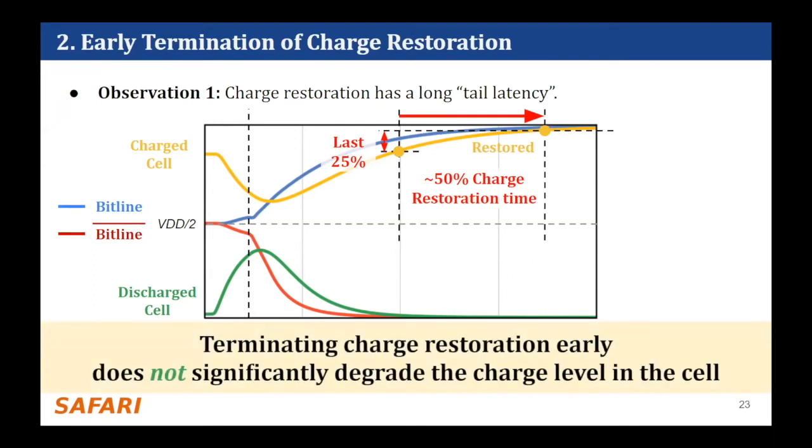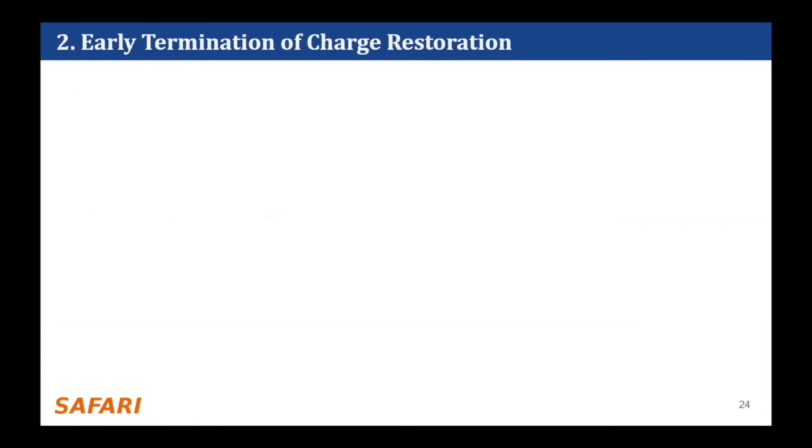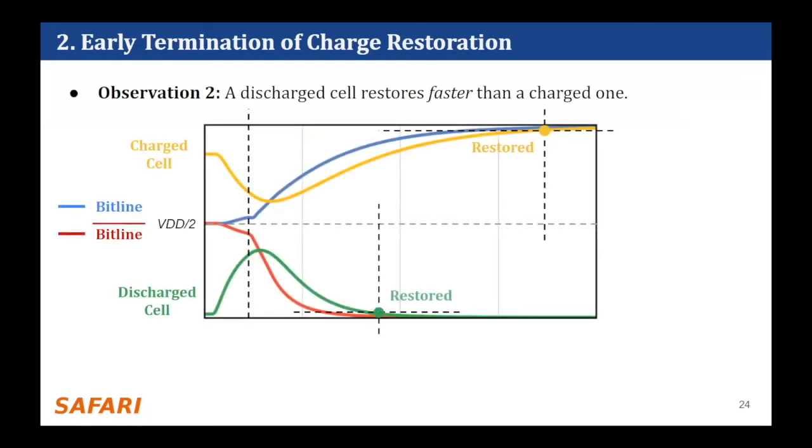This means that if we terminate the charge restoration process earlier, the charge level restored in the cell does not degrade significantly. Second, a discharged cell restores much faster than a charged one.